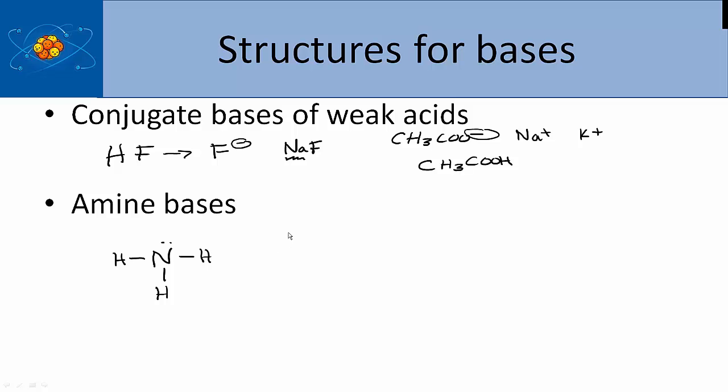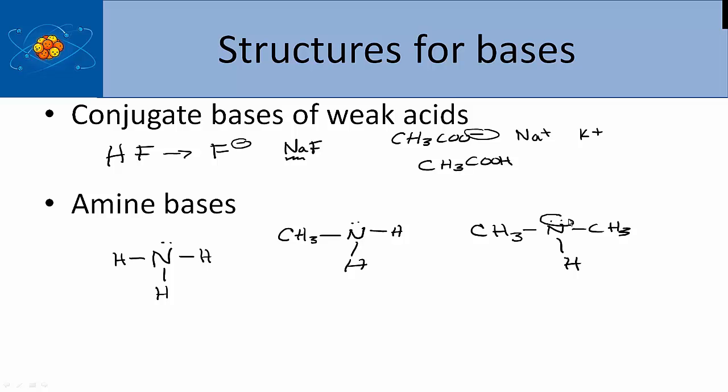For example, methylamine, CH3 is the functional group, a methyl functional group. Or dimethylamine, which would have two methyl groups on it. There would also be a triethylamine, but if you had a tetramethylammonium, this would end up being a cation.